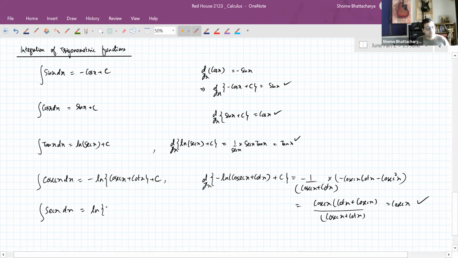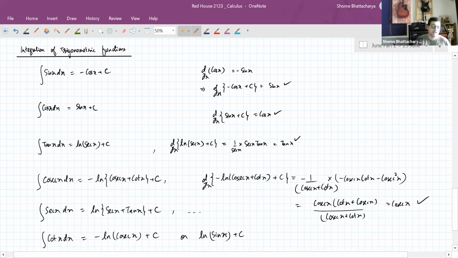Okay. So similarly, this becomes ln sec x plus tan x. And you can see the verification yourself later. And the final one, so therefore this can also be written as ln sin x, because minus of ln cosec x is ln of 1 by cosec x, which is ln sin x.